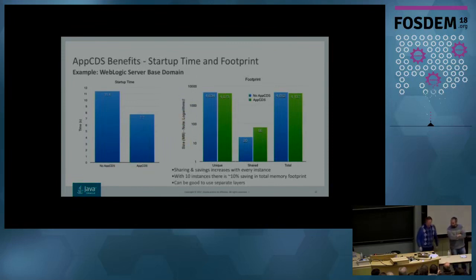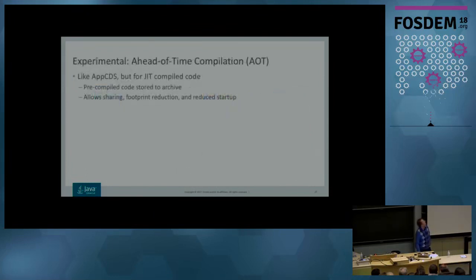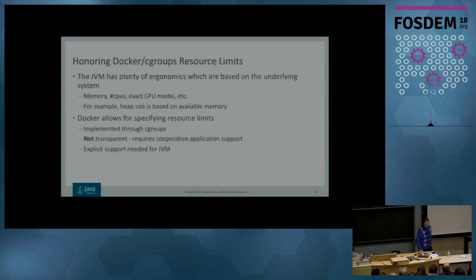Yes, we have seen good startup time improvements. I know Volker has not seen the exact same numbers, but we've seen good startup time reduction and also footprint savings. I'll mention quickly that we're also working on AOT, which does the same thing, but for JIT code. Experimental so far, but being worked on.